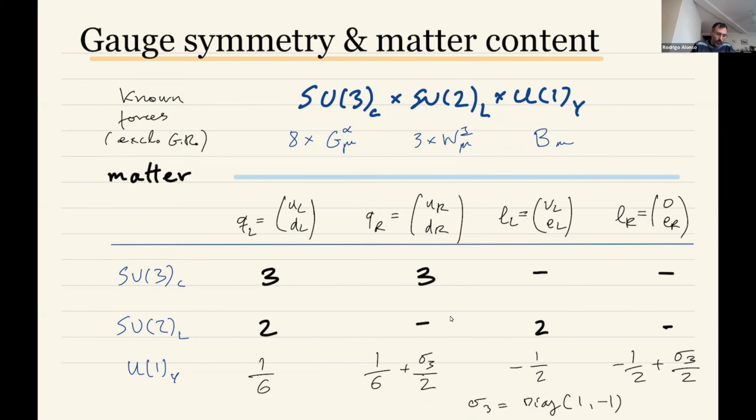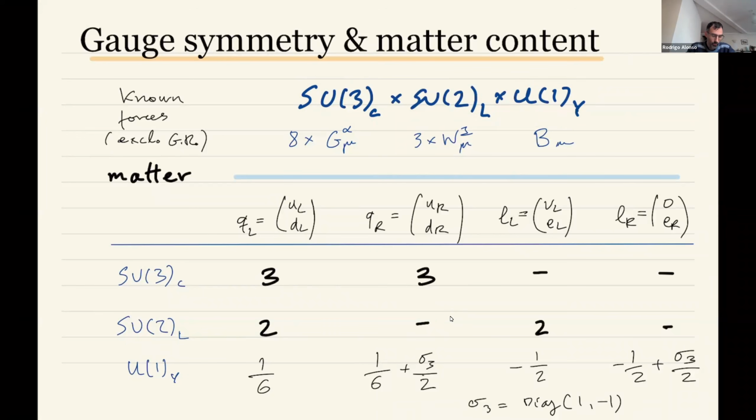But if we leave it aside, the known forces in nature derive from the gauge principle, and in particular from the gauge group that we wrote in here: SU(3), for unitary three-dimensional determinant equals 1 rotations in complex space; SU(2) left, for the weak isospin group; and U(1) hypercharge, for the abelian part of our group.